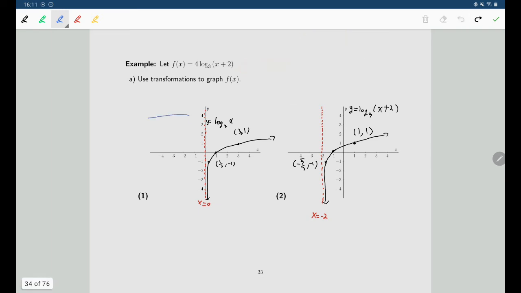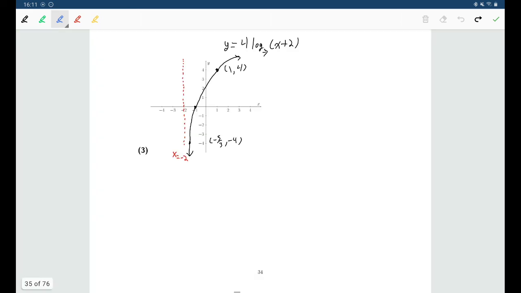For this function, log base 3 of x, the domain is x needs to be positive. So there is actually nothing on this side of the graph at all. I haven't omitted part of the graph. There just literally is nothing there. There is no graph of f of x for those smaller values.